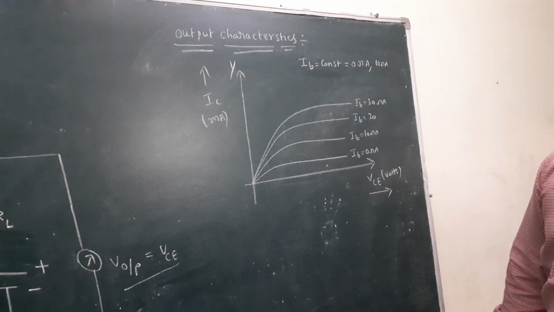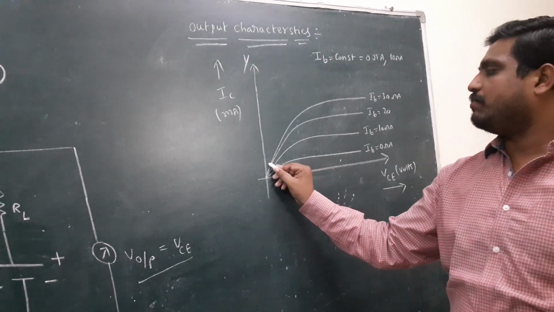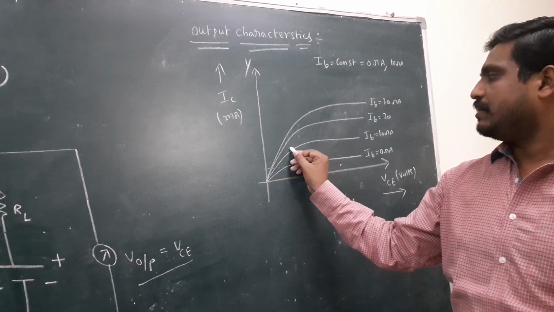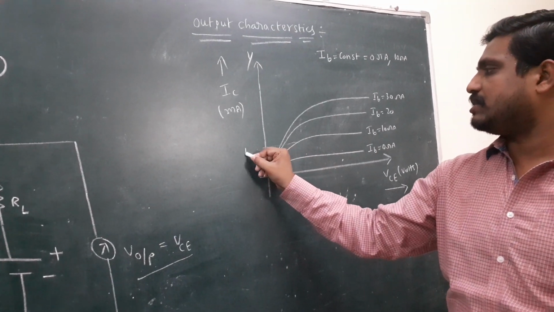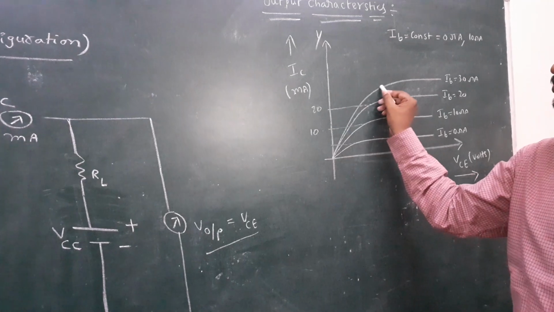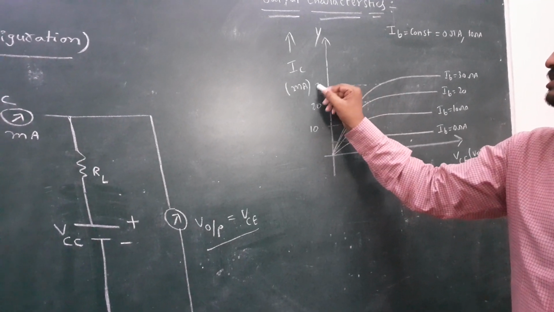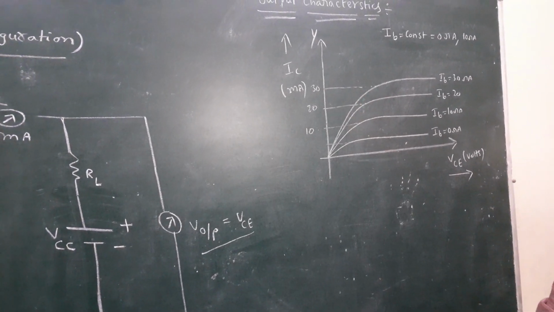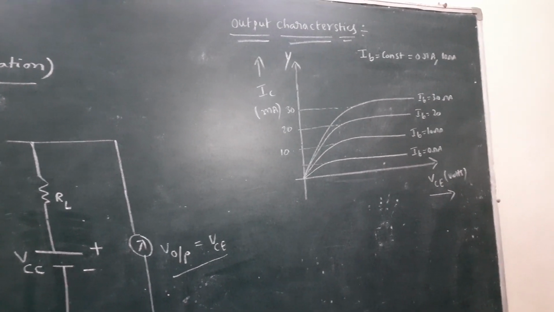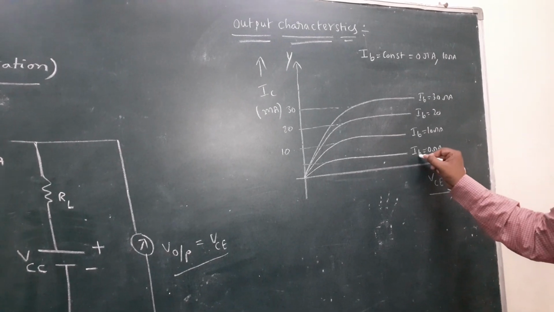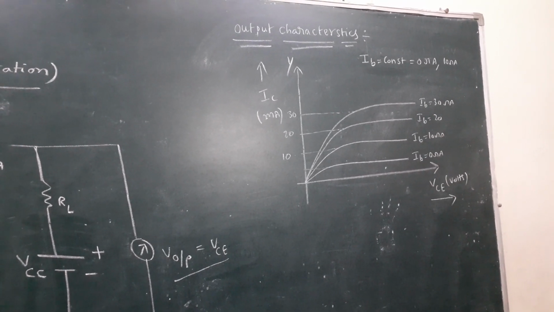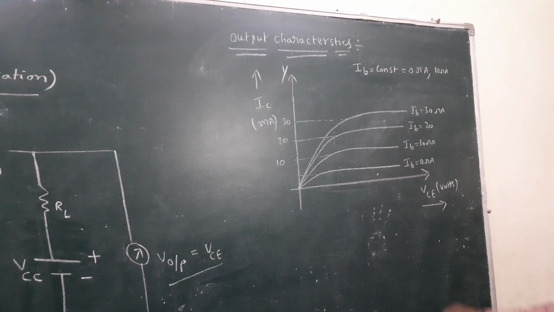Look here, according to the IB value, for example IB 0, this is the IC. Here IB 10, this is IC 10. IB 20, IC also 20. IB 30, IC also 30. Look at the diagram according to convention. Once again I repeat, IB changes, base is the input, collector is the output.